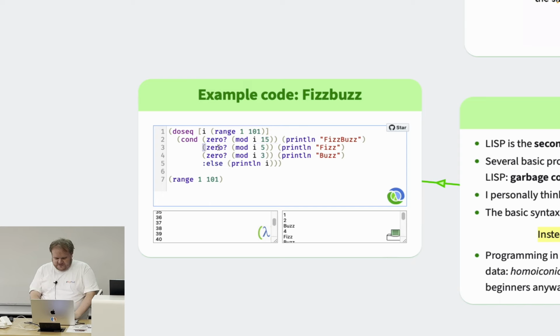Otherwise, it will check here whether the number is divisible by 5, and if it's divisible by 5, it will print Fizz. Now, if it's divisible by 3, it will print Buzz, and otherwise, it will just print the number itself. So you can basically build a program like this using these data structures.